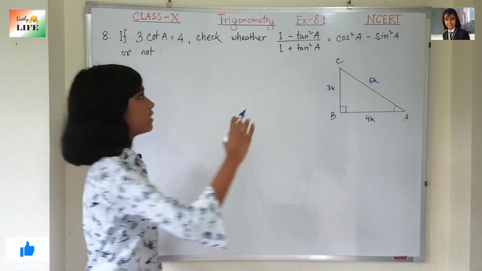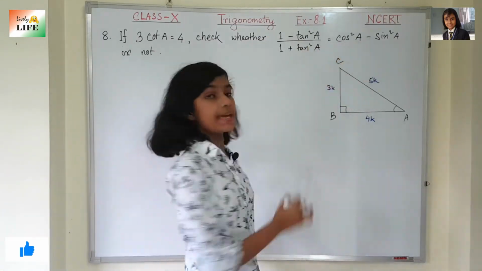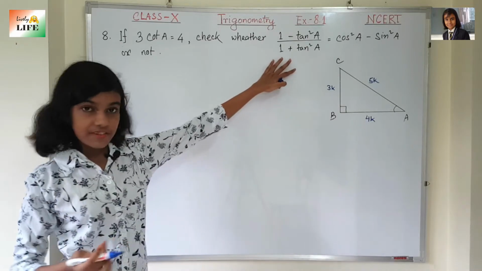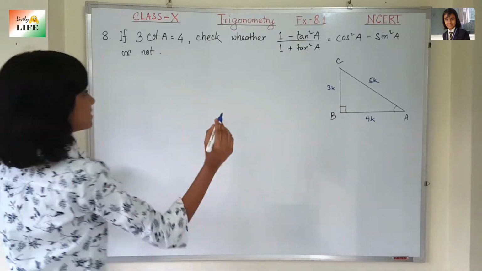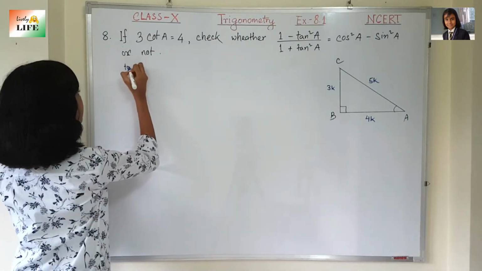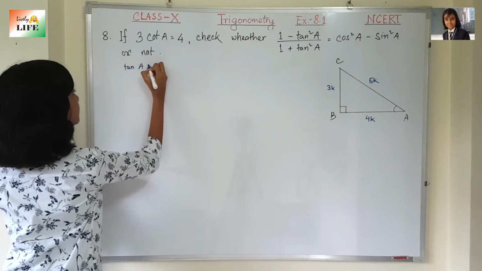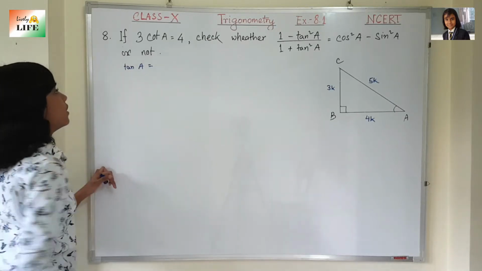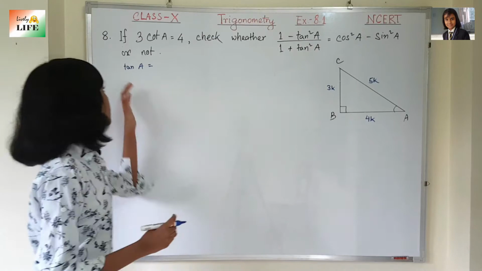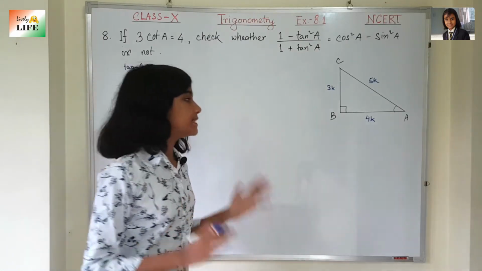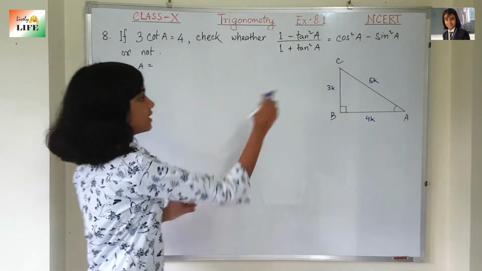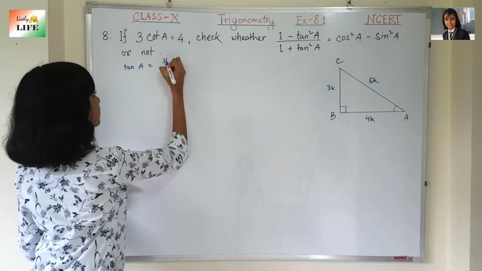Now we have to find out the values of tan A, cos A and sin A, right? First, tan A. What is tan? Tan is perpendicular by base. It means 3K by 4K.